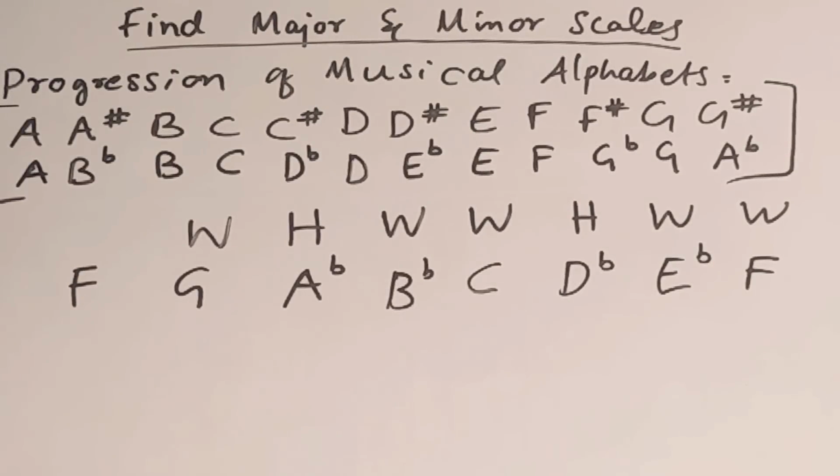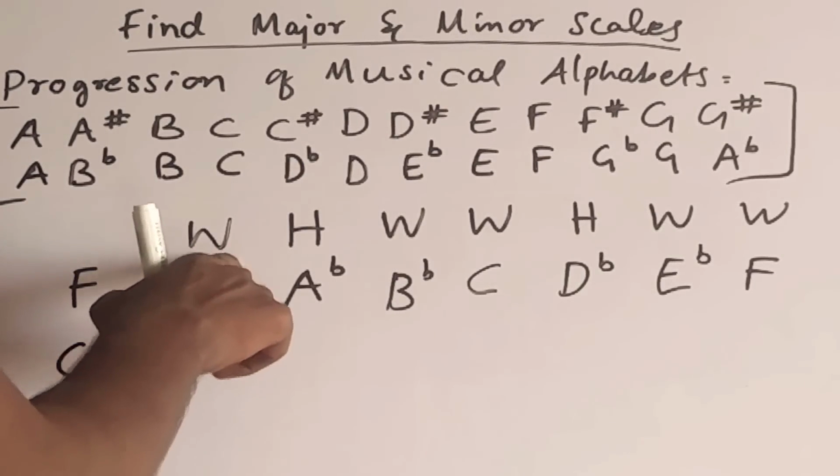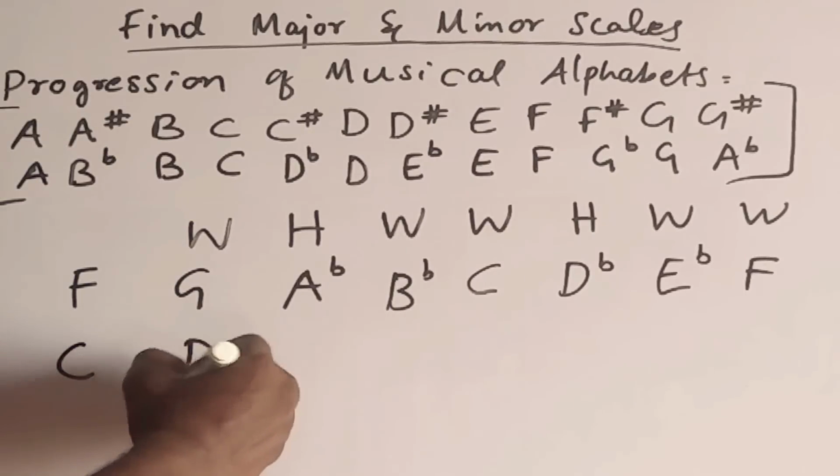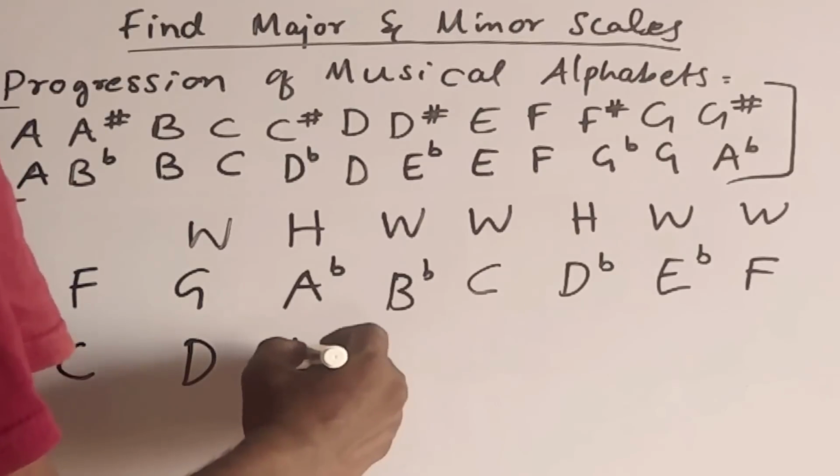Okay, now let's find the C minor scale. The whole step from C is D. The half step from D is E flat.